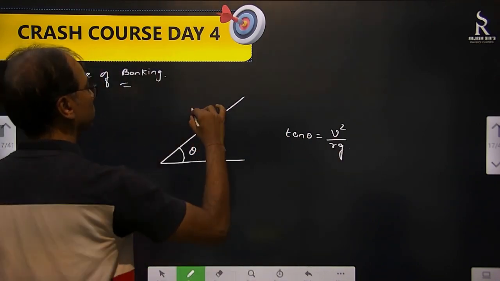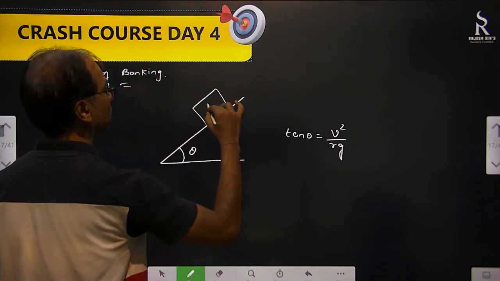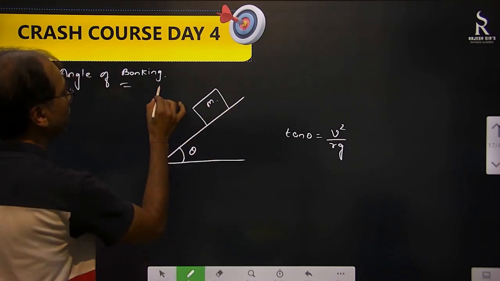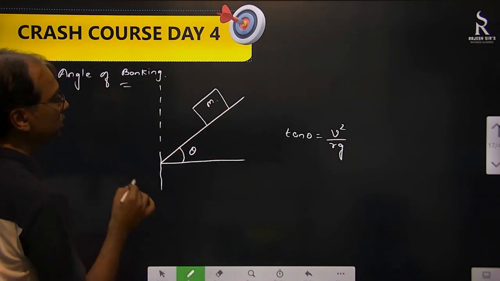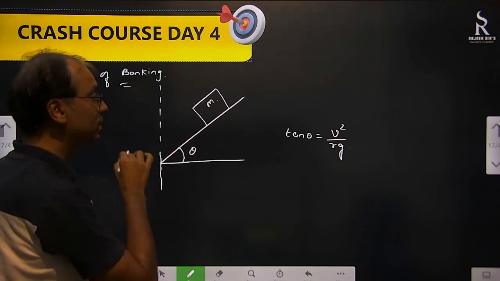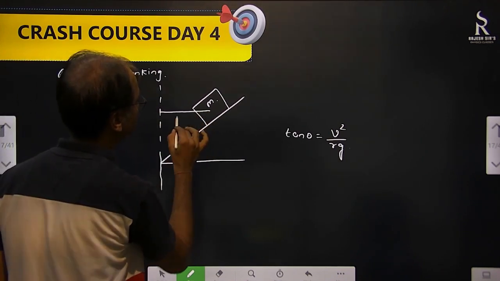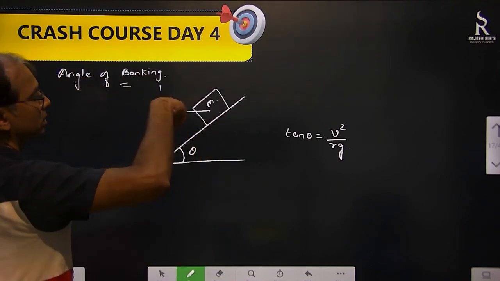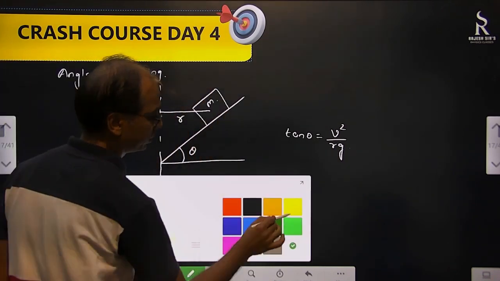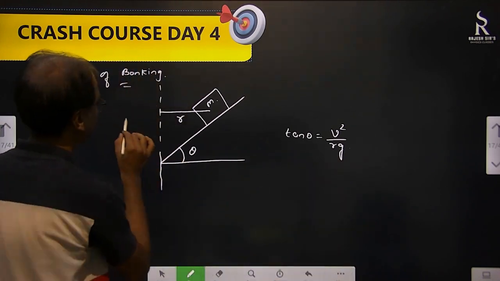Okay, so here suppose the car's mass is m and this is the axis about which it is going to rotate. It takes a circle. So the radius is this. This is the radius. It is going to take a circle like this.